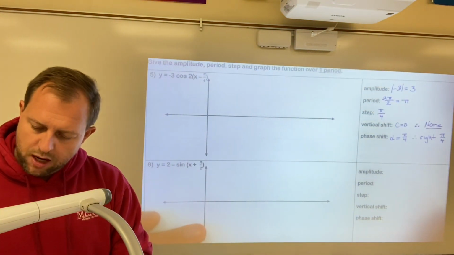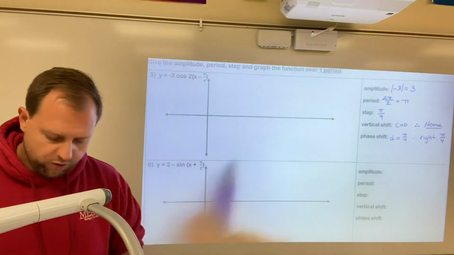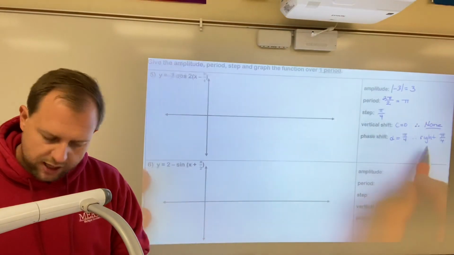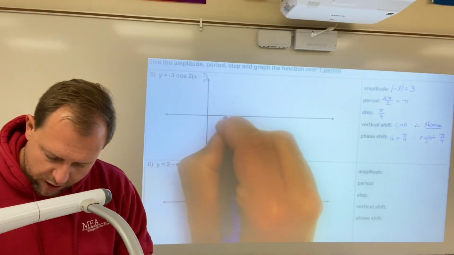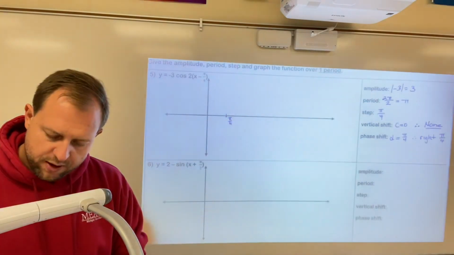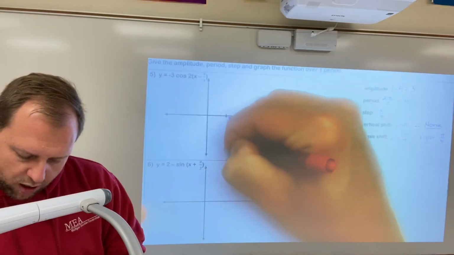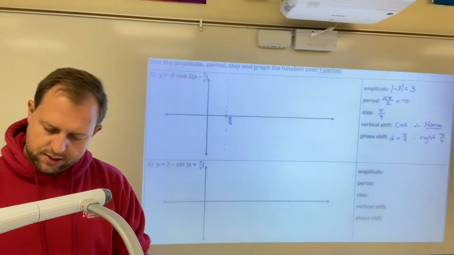Okay? So we do have a phase shift to the right, pi over 4, which means when I start drawing here, I'm going to put pi over 4 in. That's my first step. And that is where I'm going to create my new y-axis.